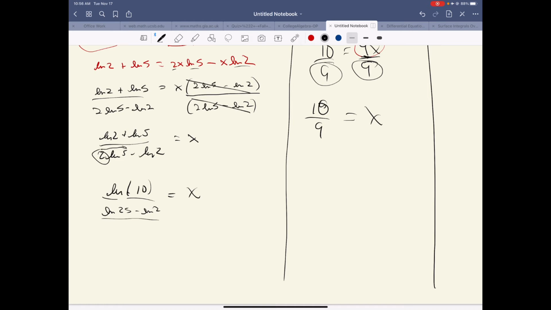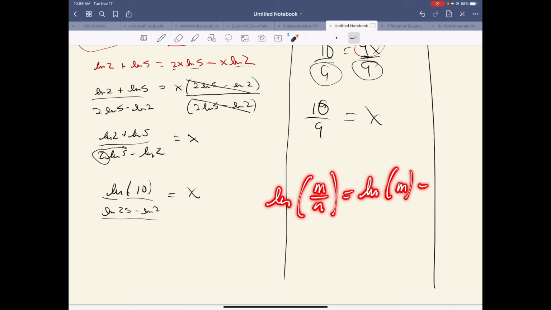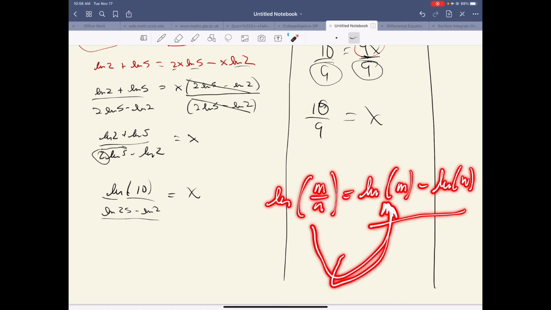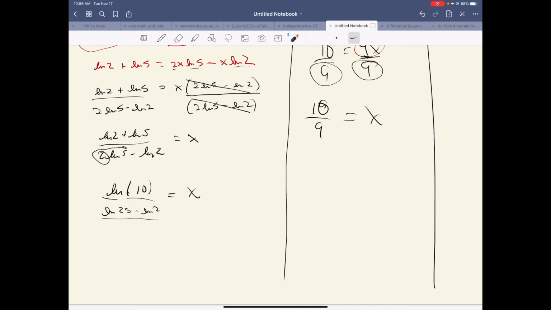But now I've got subtraction, and remember that ln of m over n is ln of m minus ln of n. So anytime that you have subtraction like this, we can replace it with a division inside the log. And so I'm going to take that.